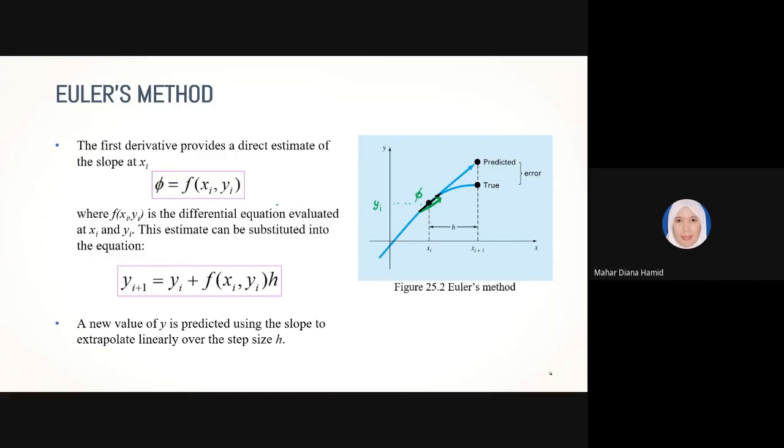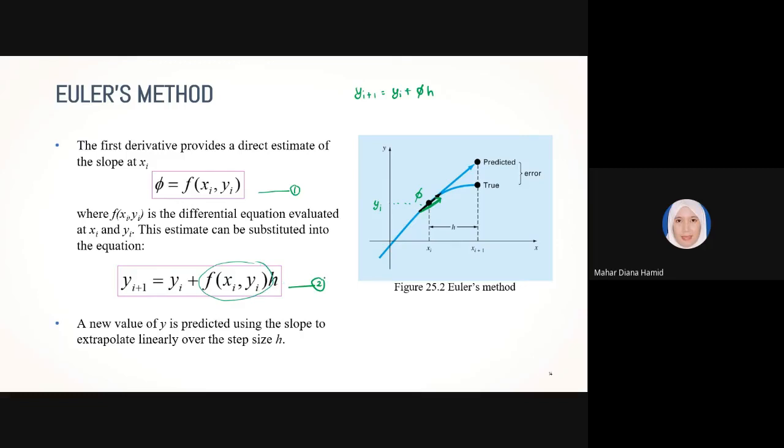So if we substitute this equation into the general form, if we refer back to the general form of Runge-Kutta's method, if we substitute equation 1 into this general form, we will get equation 2. The only difference here would be the slope.